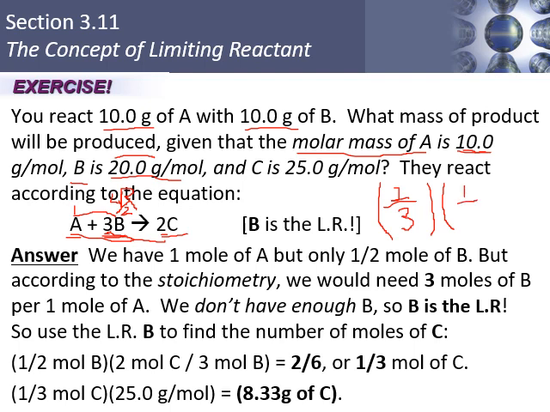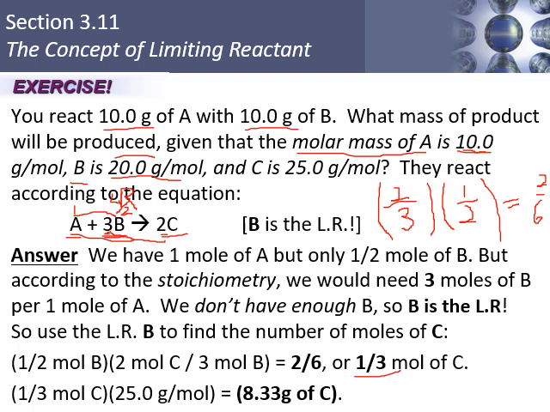So 2/3 times 1/2, where the 1/2 is how many moles we have of the B, is going to be 2 times 1 is 2 on the top, and 3 times 2 is 6 on the bottom, which reduces from 2/6 to 1/3. So we can make 1/3 of a mole of C. Okay, all right, so we can make 1/3 of a mole of C, and that's all you have to do.